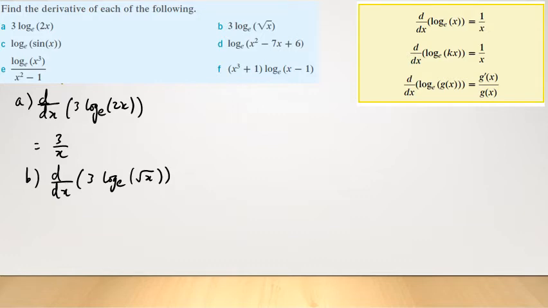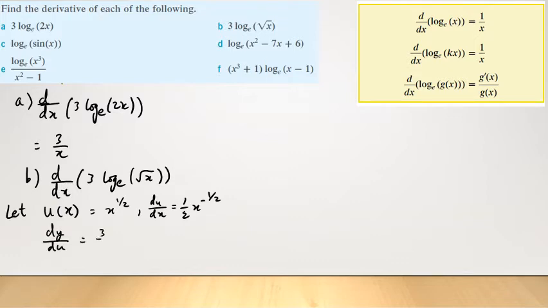Now, you have to use the chain rule here. So, we have let u of x equals square root of x. So then we have du dx equals half x to the power negative half. Then dy du is 3 over u.